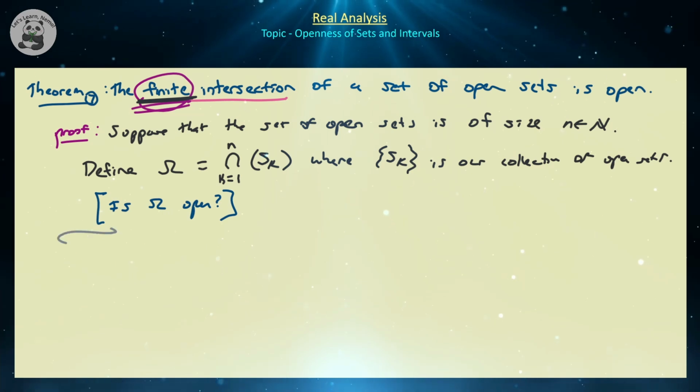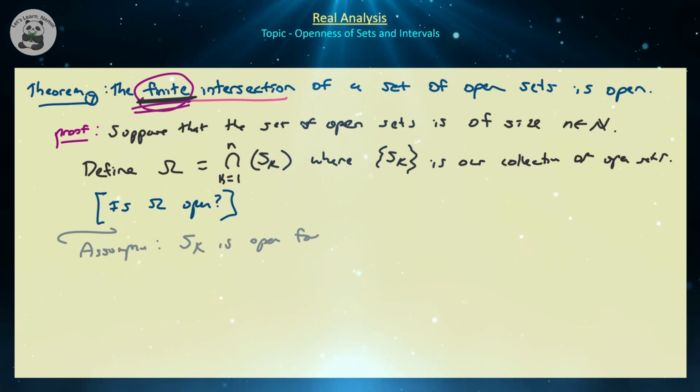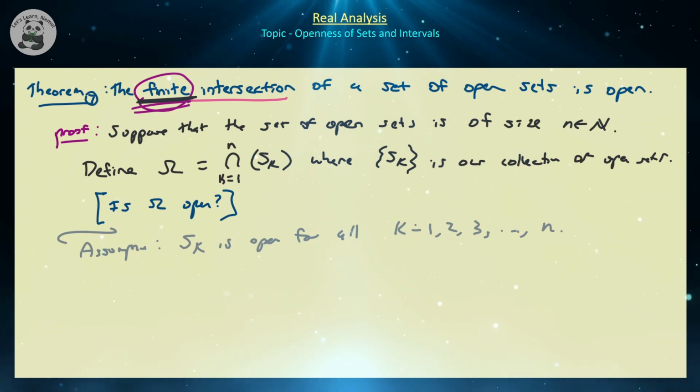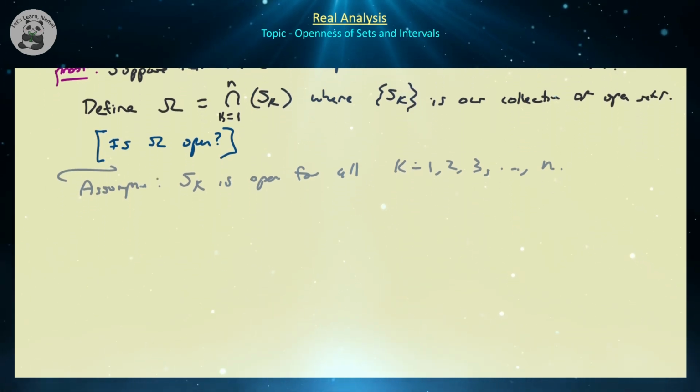So one of the assumptions that we have here is that Sk is open, and that's true for all k equal to 1, 2, 3, all the way up to some finite number n, okay? So if this is open, then what must be true?